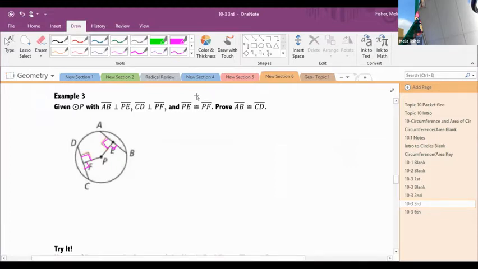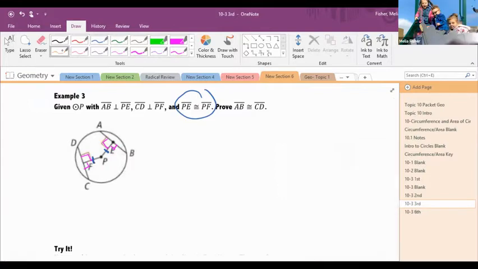So this part right here, we're going to mark on here and here. Can anyone guess what I might be adding next to this circle to help me prove things? Oh, I'm going to add some radii. Those lovely automatically congruent pieces.